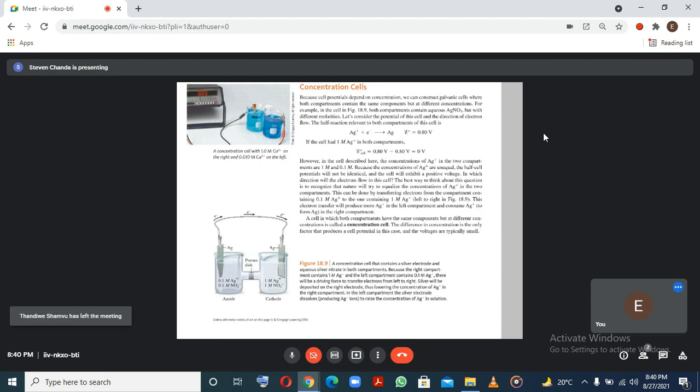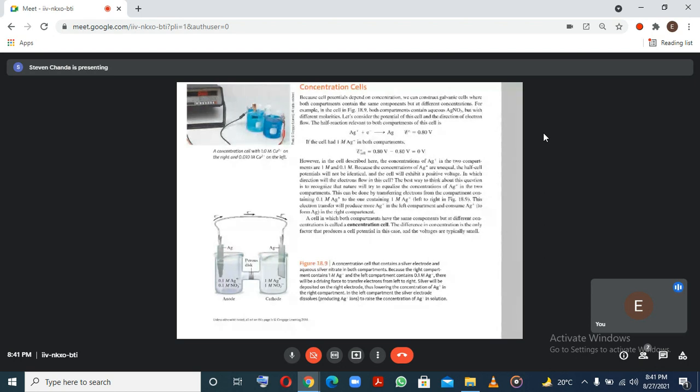So you've got a cell where the things on the cathode and the things on the anode are the same components. For this example, on your far left, the one on top, on the right you've got copper 2 with a molarity of 1.